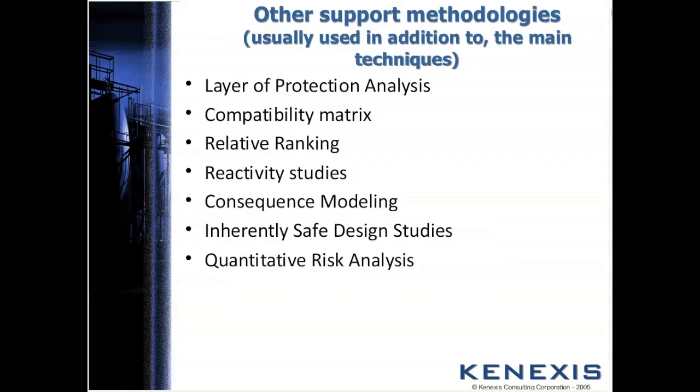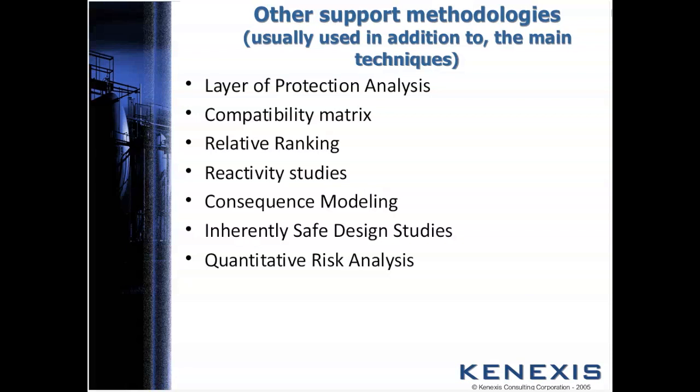What are the other support methodologies I had in mind and use routinely? Well, LOPA. LOPA is a flexible methodology that quantitatively estimates the likelihood a hazardous scenario occurs. It's easier to use than a fault tree, and it complements a HAZOP very well. LOPA is used to assess the risk, and is intended to be used after a screening study, not before, but after.